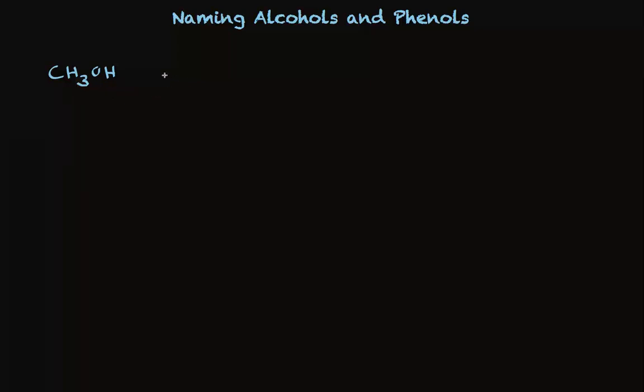You simply name the alkyl group and then as a separate word say alcohol. This is the ethyl group, so it's ethyl alcohol.